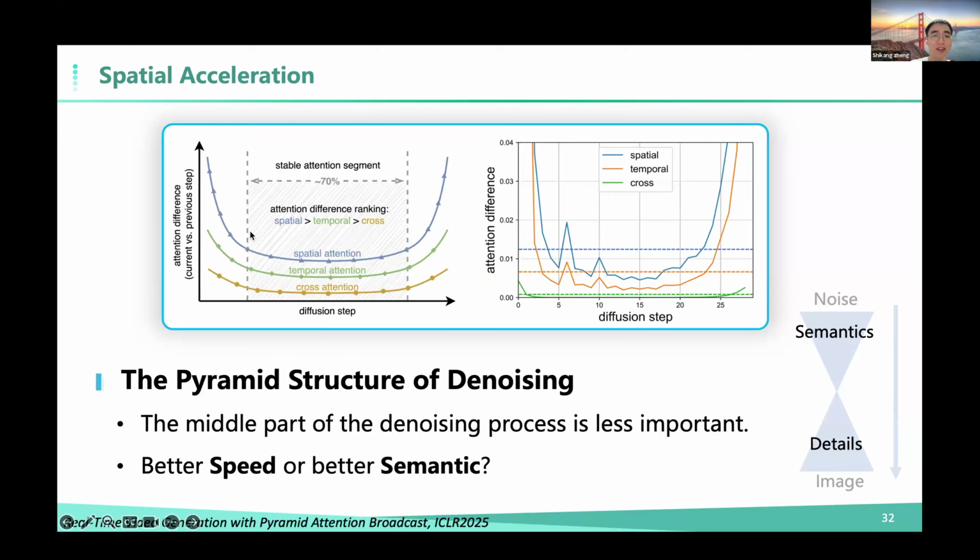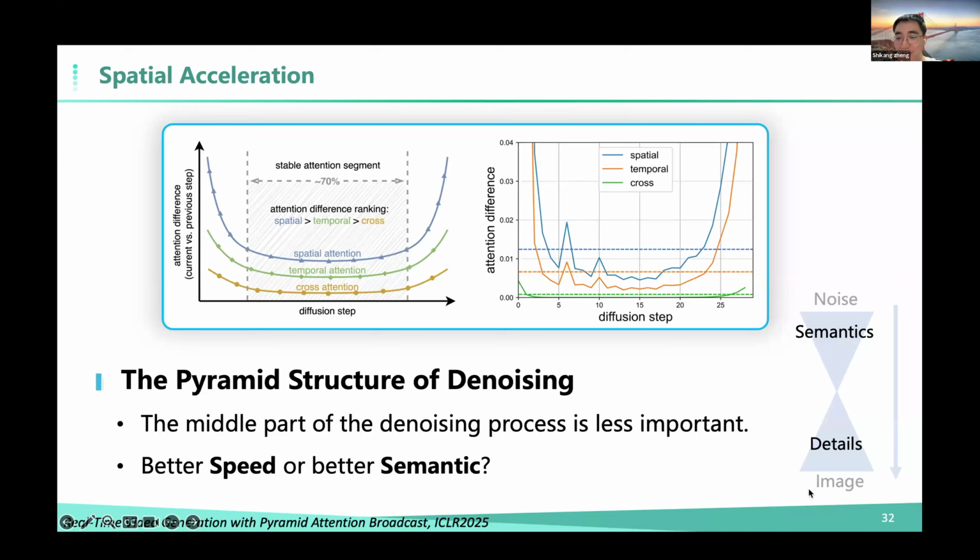They find that the attention differences during the diffusion steps show different patterns. For example, during the first stage of the denoising process, probably from step 15 to step 13, the attention changes a lot. But during the middle stage of the denoising process, the attention barely changes, and it changes a lot in the last stage of the denoising.